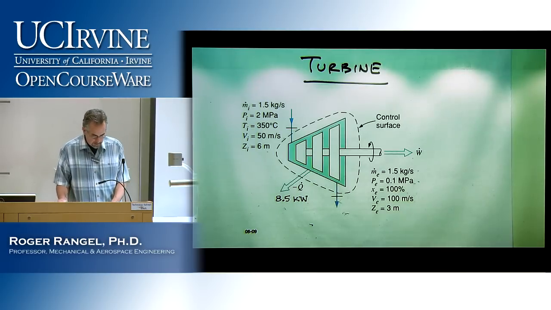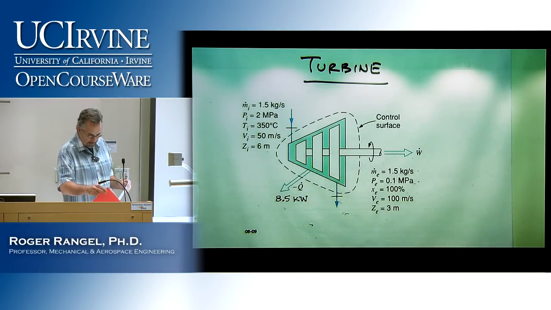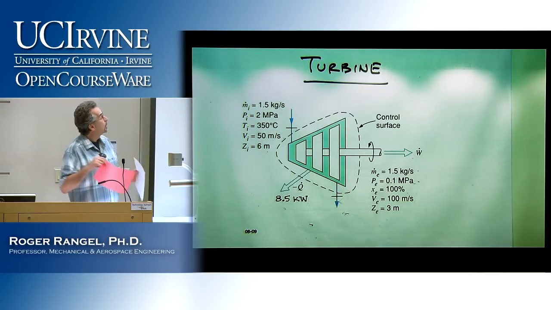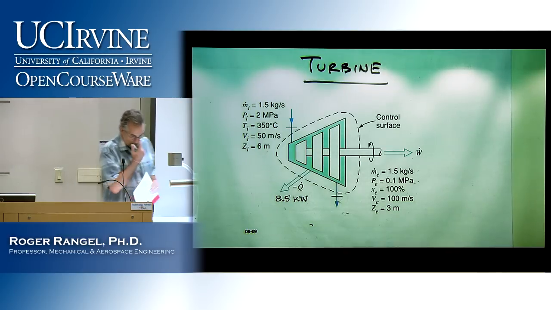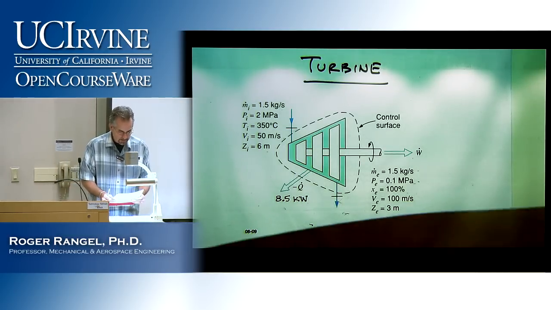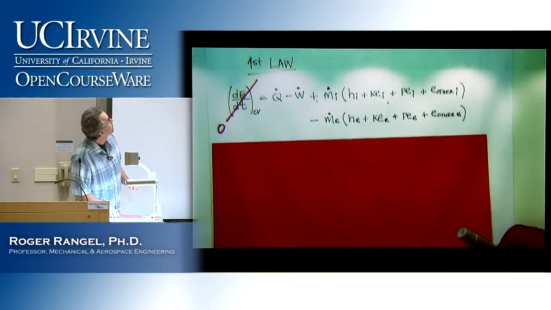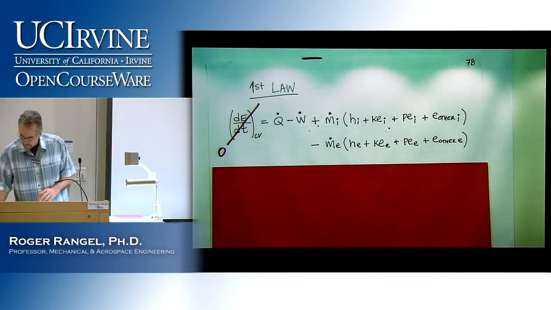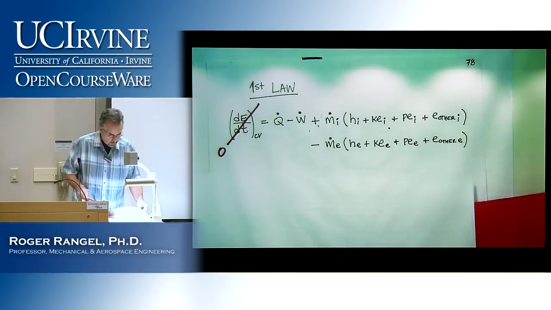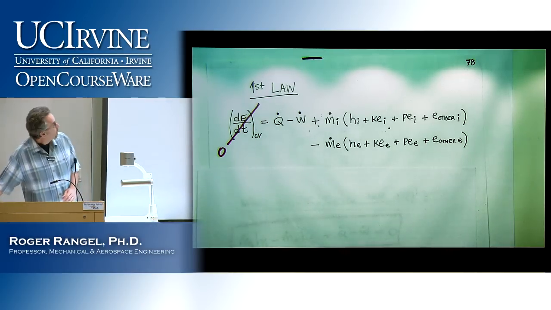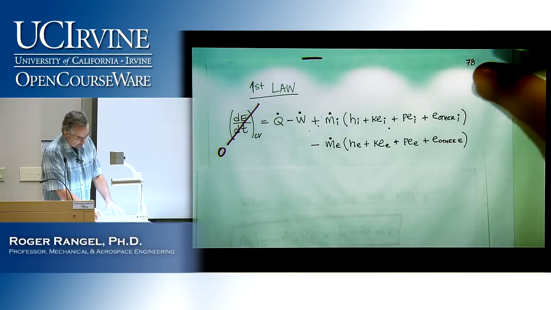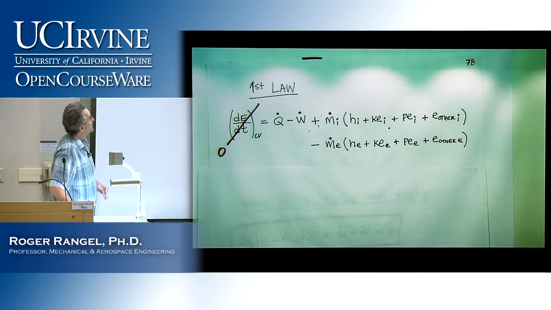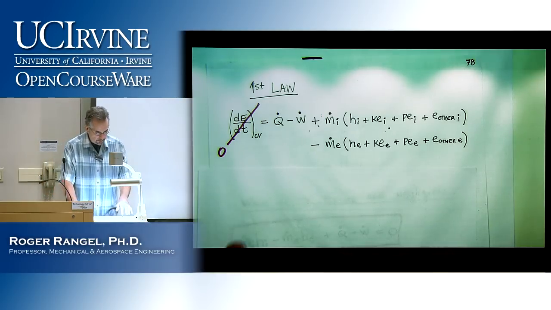So the next thing would be to look at the first law of thermodynamics, as we derived it last time for an open system, and that is written here. So here is the first law, for a control volume or for an open system with all of its terms.